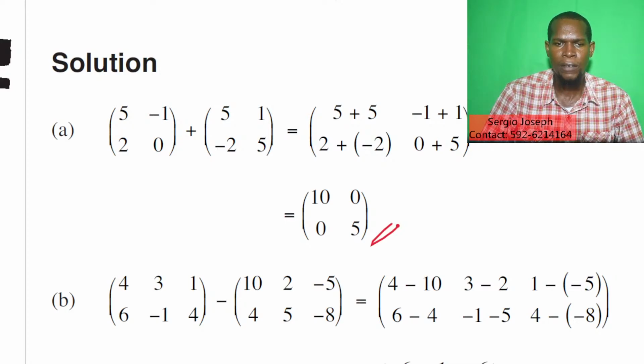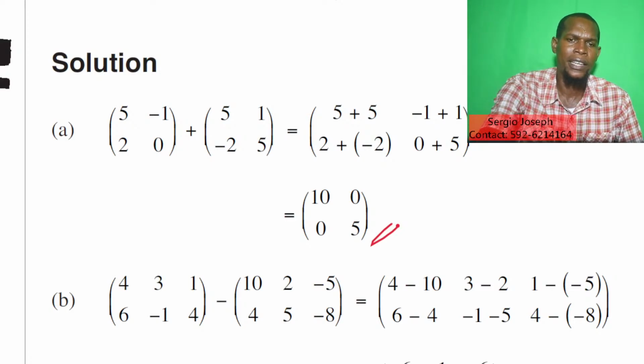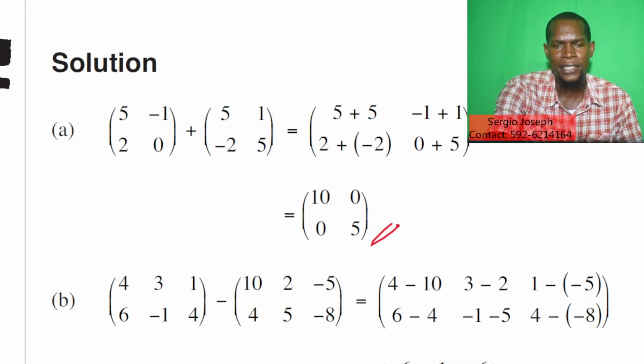So take a quick try for me. And this will basically give us 4 minus 10, 3 minus 2, 1 minus 5. Then we have 6 minus 4, minus 1 minus 5, and 4 minus 8.